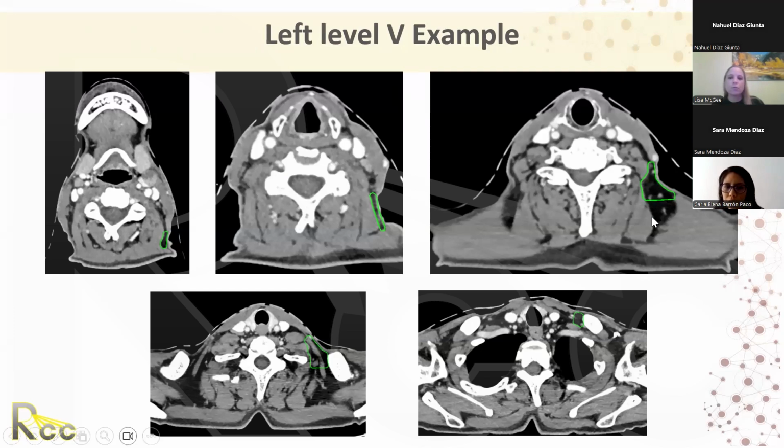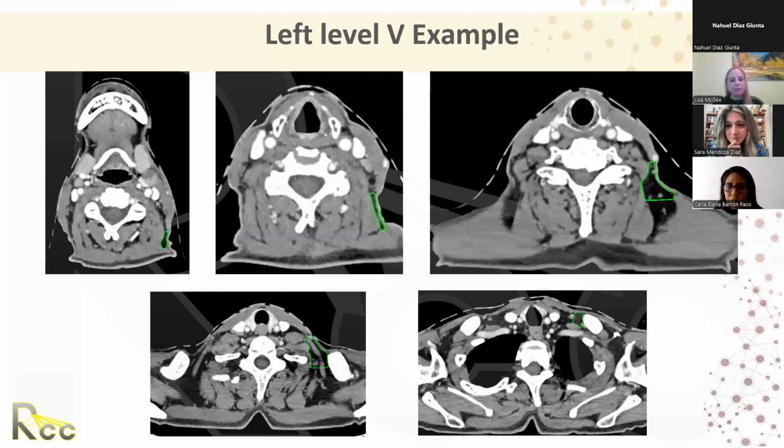Are you asking when you would come back more posteriorly? Yeah, more posteriorly. And I think that's a really great question. With any lymph node level, it's important to keep in mind that these anatomical boundaries are basically creating a model, and anatomy can vary very much from individual to individual.